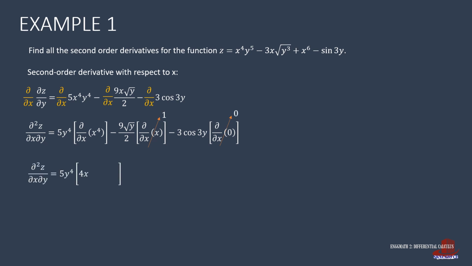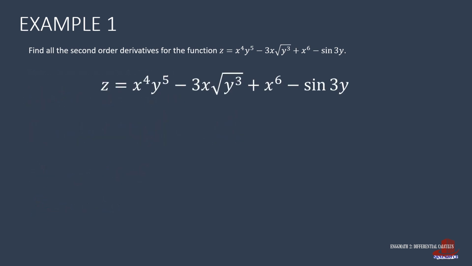Thus, the derivative becomes 5y raised to 4 multiplied by 4x cubed with the derivative of x minus 9 over 2 root of y. Again, dx over dx is 1, giving the second derivative of z with respect to y and x as 20x cubed y raised to 4 minus 9 halves of the root of y.